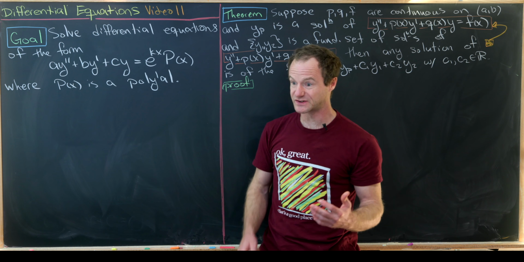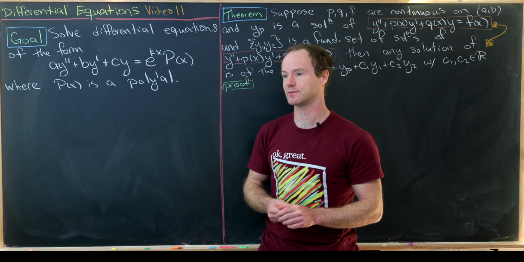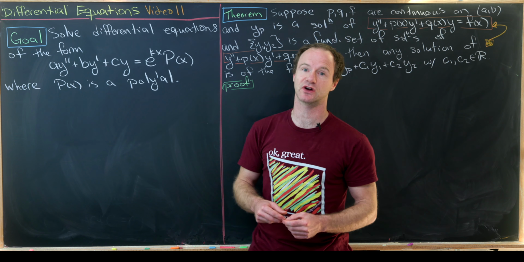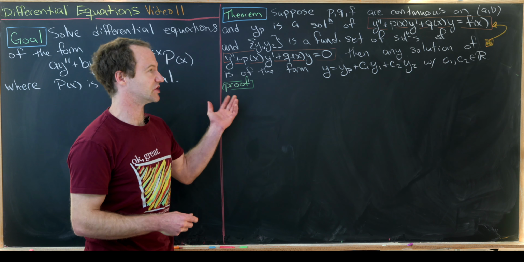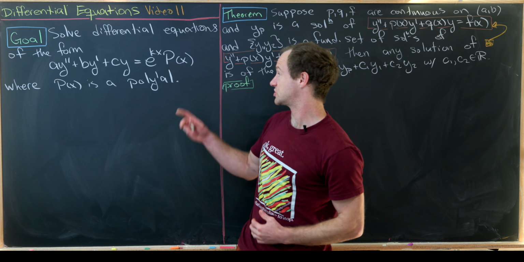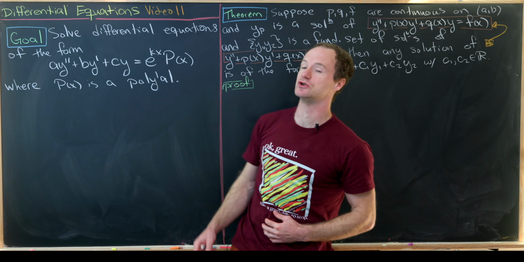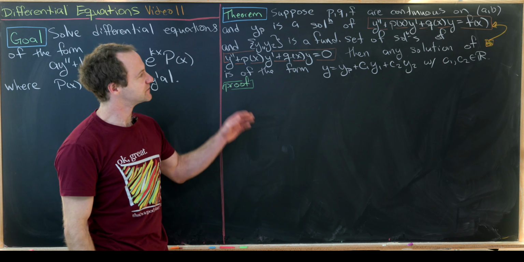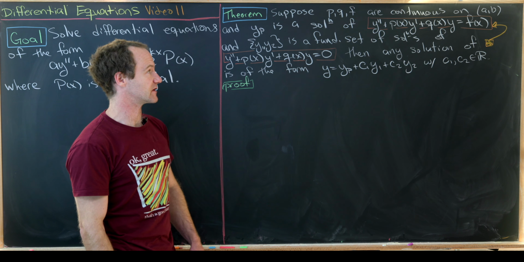But before we start looking at these types of examples and coming up with a general strategy, we need to look at a general theorem. And this theorem will tell us the overall shape of solutions to differential equations like this. So let's look closely at the following theorem.